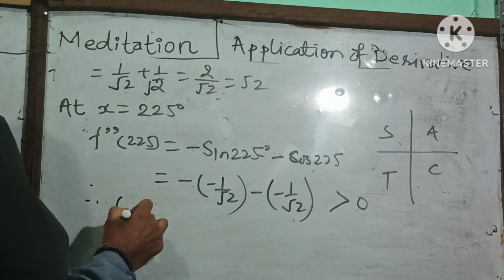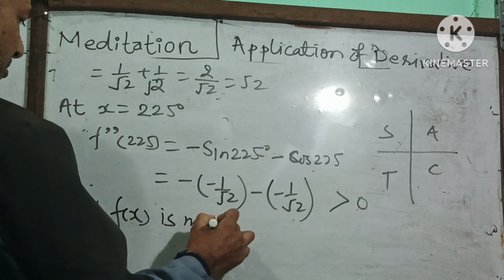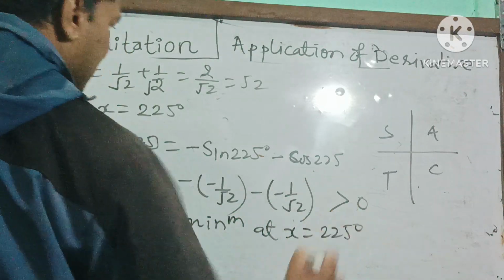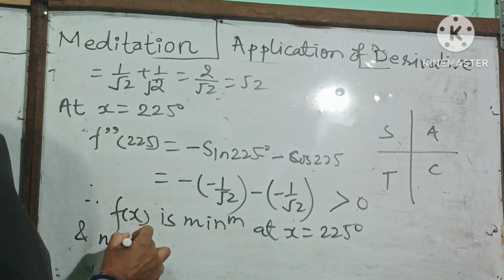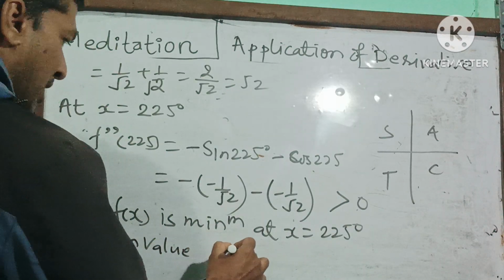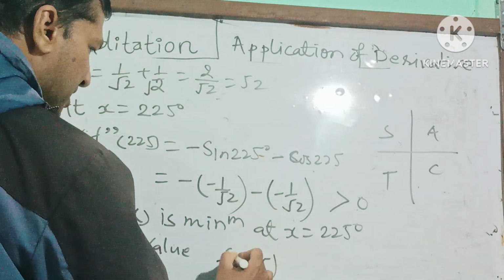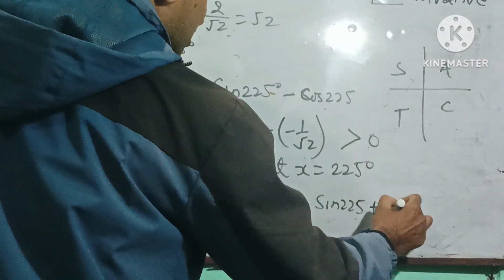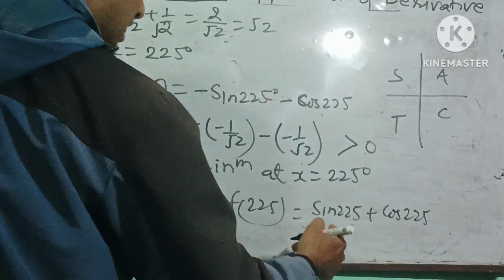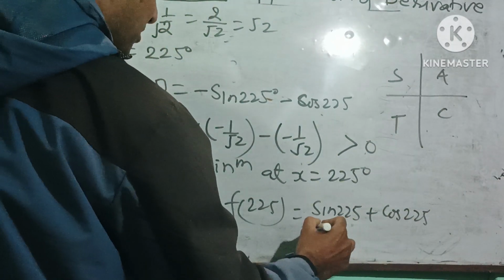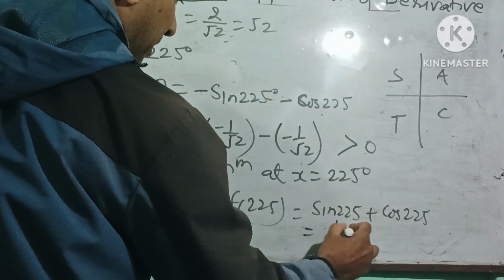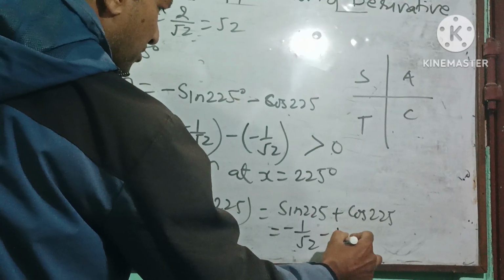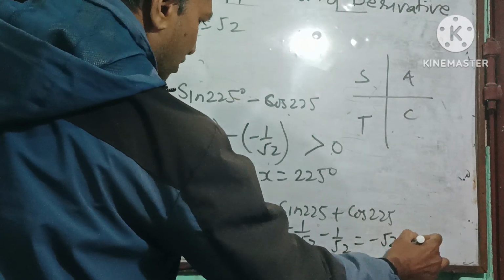Therefore f(x) is minimum at x is equal to 225 degrees, and the minimum value f of 225 is equal to sin 225 plus cos 225. Sin 225 in the third quadrant is negative, minus 1 by root 2, and again cos 225 is negative, minus 1 by root 2, so minus root 2.